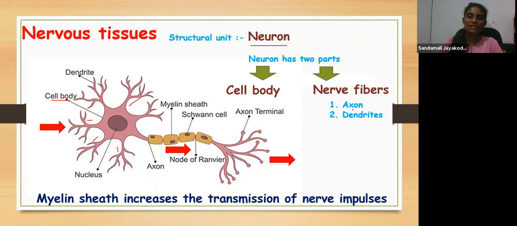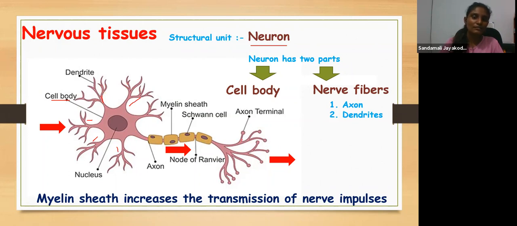One is the axon, the longer nerve fiber, and there are some short nerve fibers named as dendrites. These are the dendrites, which branch in this way, and the axon also branches at the end of it.